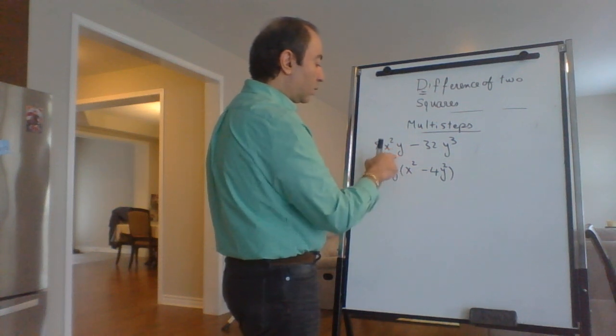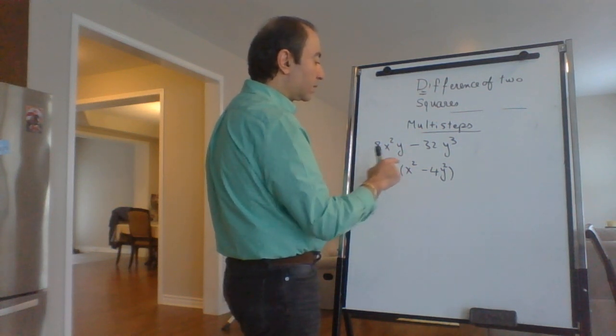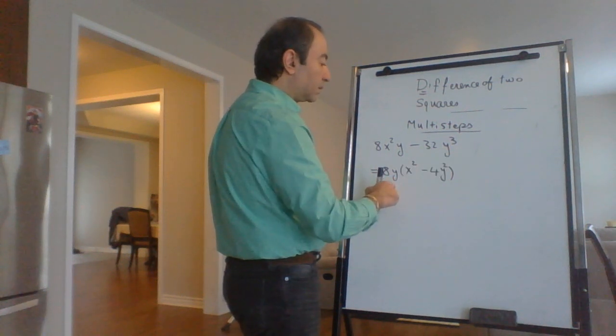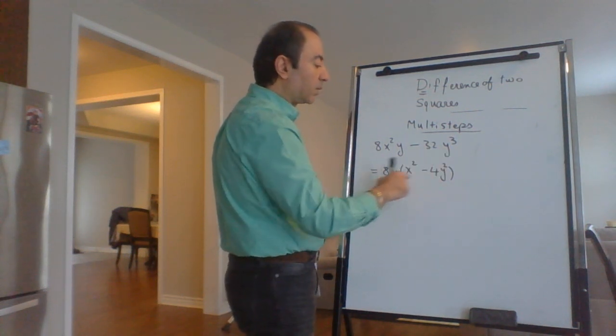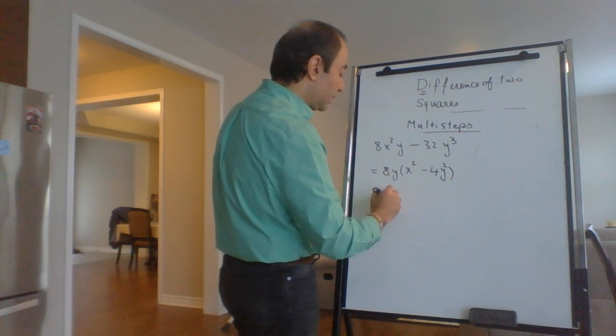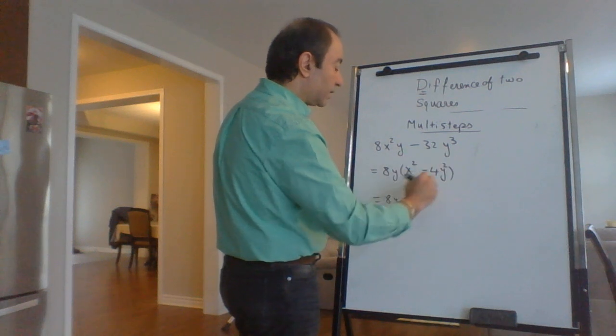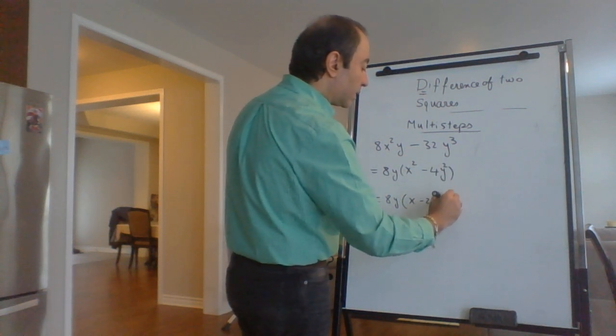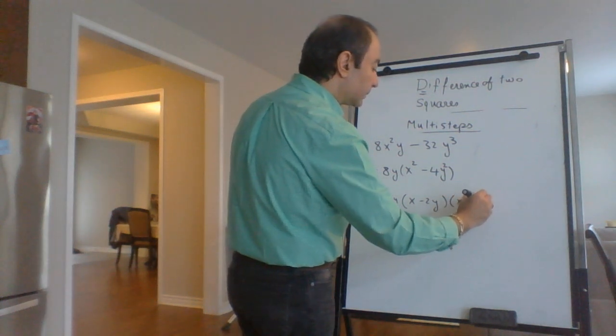So x squared, negative 32 divided by 8 is negative 4, y cubed divided by y is y squared. Okay, so now 8y stays, and this is difference between two squares, so x minus 2y, x plus 2y.